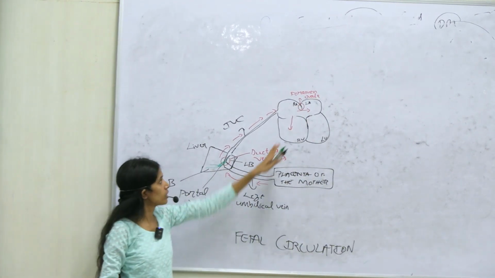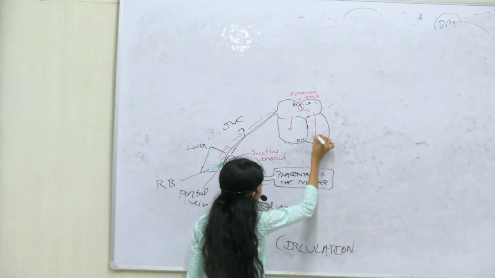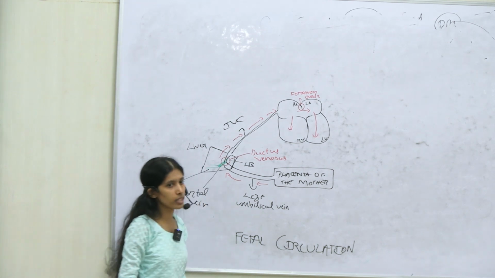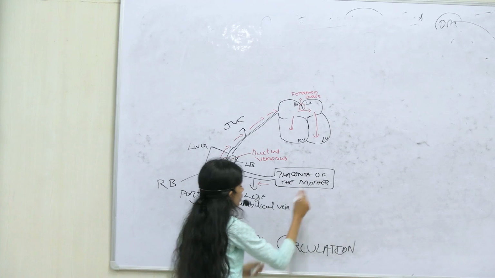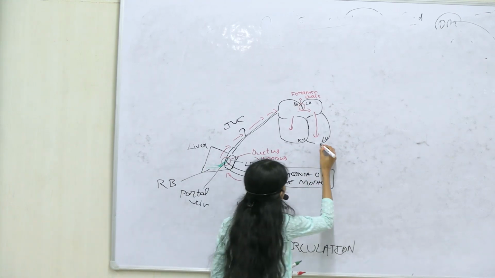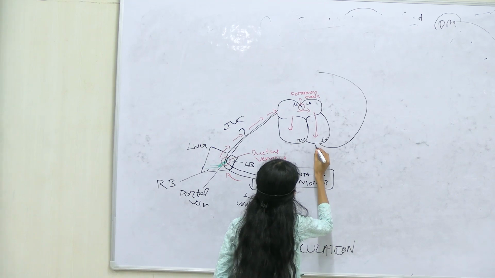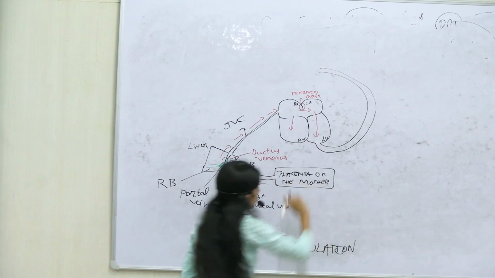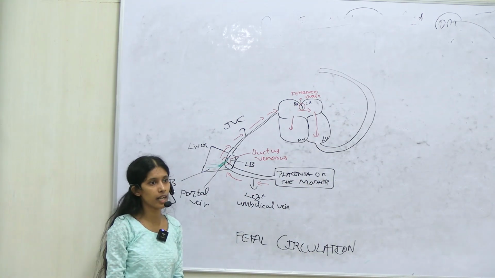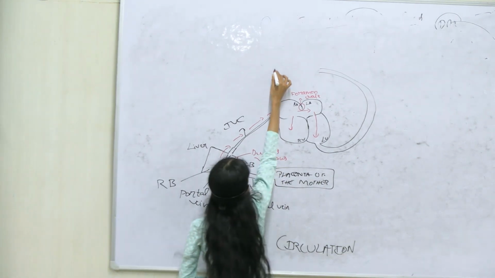Okay. From the left atrium, it is going to enter the left ventricle. Once it enters the left ventricle, your purified blood is going to supply the developing brain and also the upper limbs.